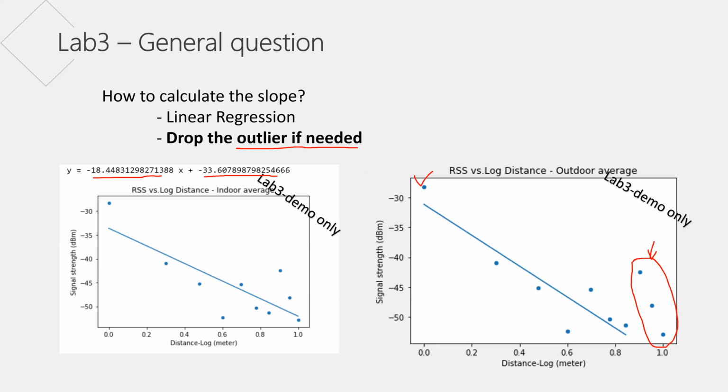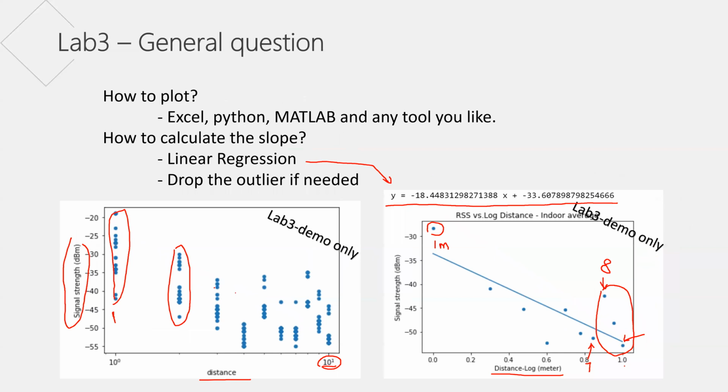Why would the signal strength vary so much at the same distance on the left graph? There are lots of reasons for that. You can find it on the lecture slides, because some of the signal strength is from the reflection, and some are on the line of sight environment, right?